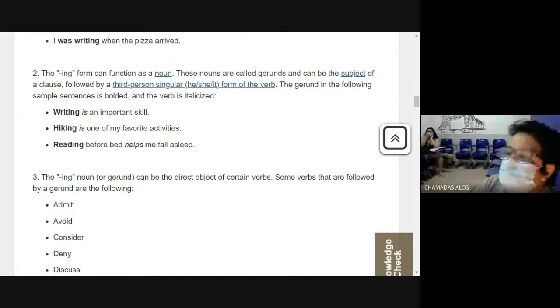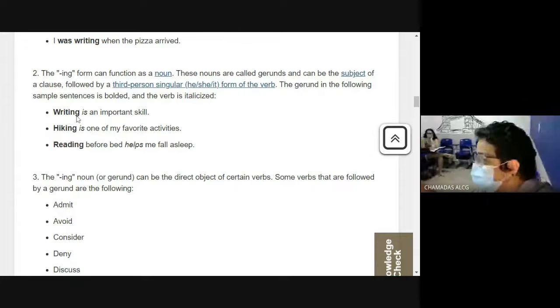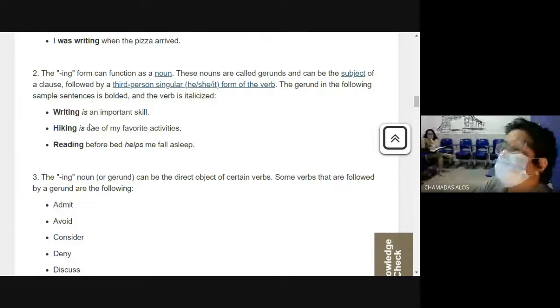So this is possible only if we put the ing suffix, or we use the ing form. This is called gerund, all right? This structure here.